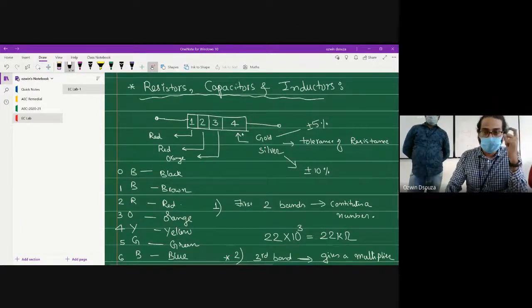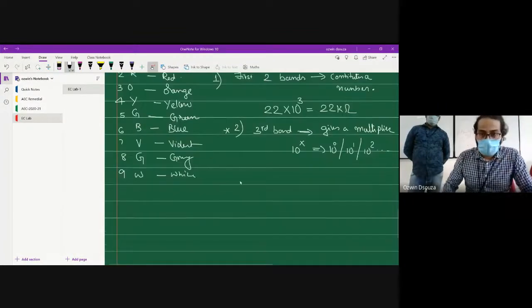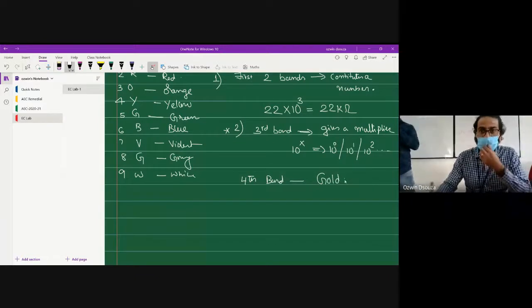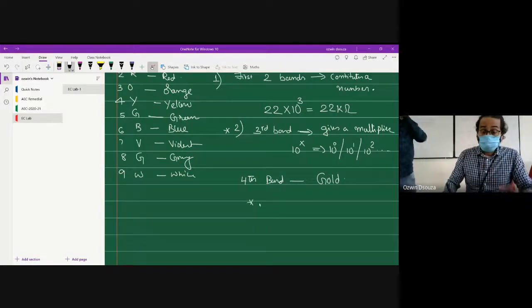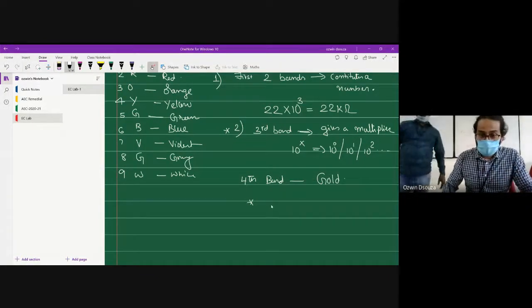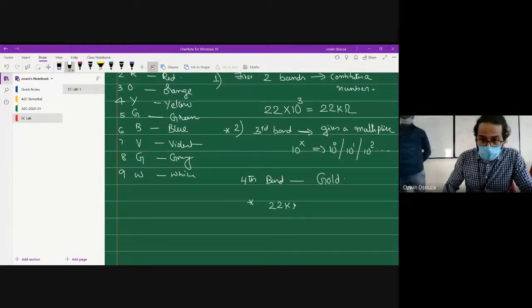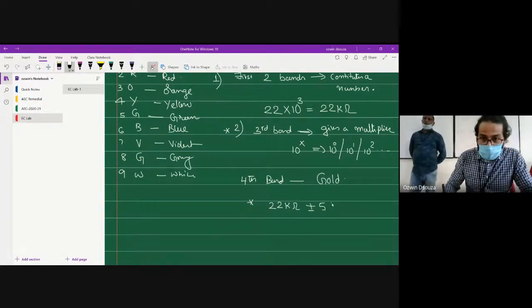If your resistor has gold, the permissible drift in resistance is plus or minus 5%. So let us say the fourth band is gold color. Then the resistance of this resistor should be 22 kilo ohm plus or minus 5%.